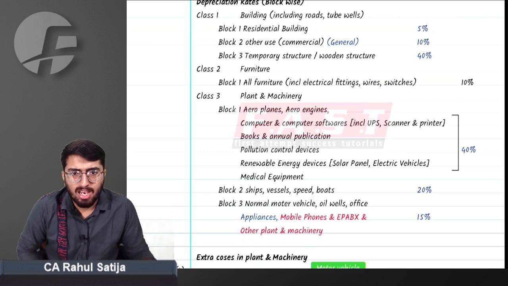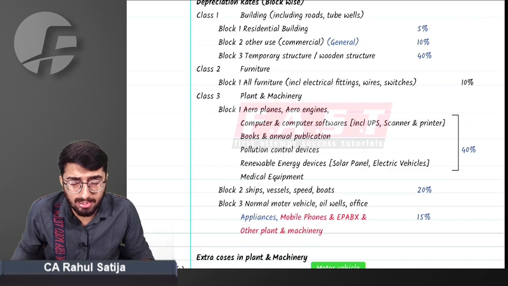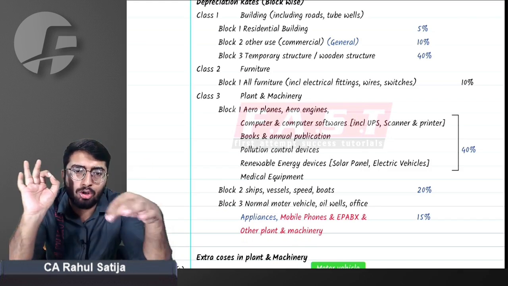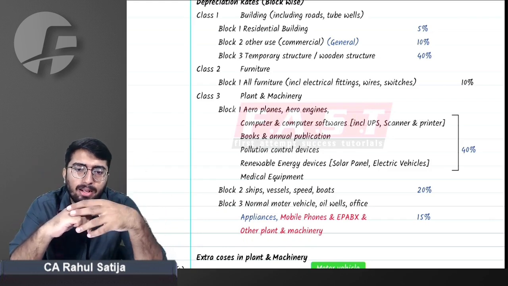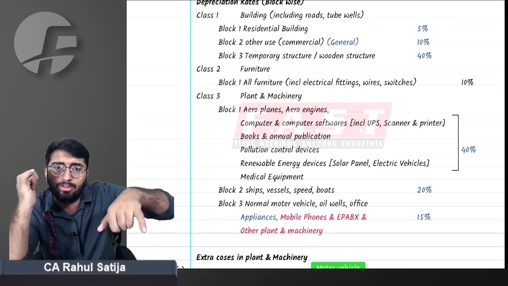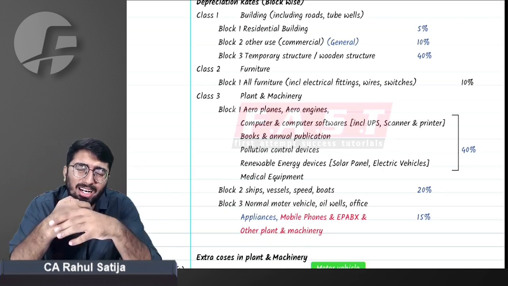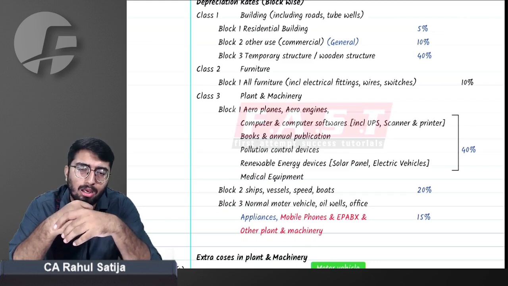Apart from that, any kind of boat, ship, vessel will be chargeable at 20% rates. This is the second block. And the third block will be 15%. Any kind of normal motor vehicle, oil well, office appliances, mobile phones, EPABX telephones that you used to have in olden times, and any kind of other plant and machinery will be chargeable at a 15% depreciation rate.